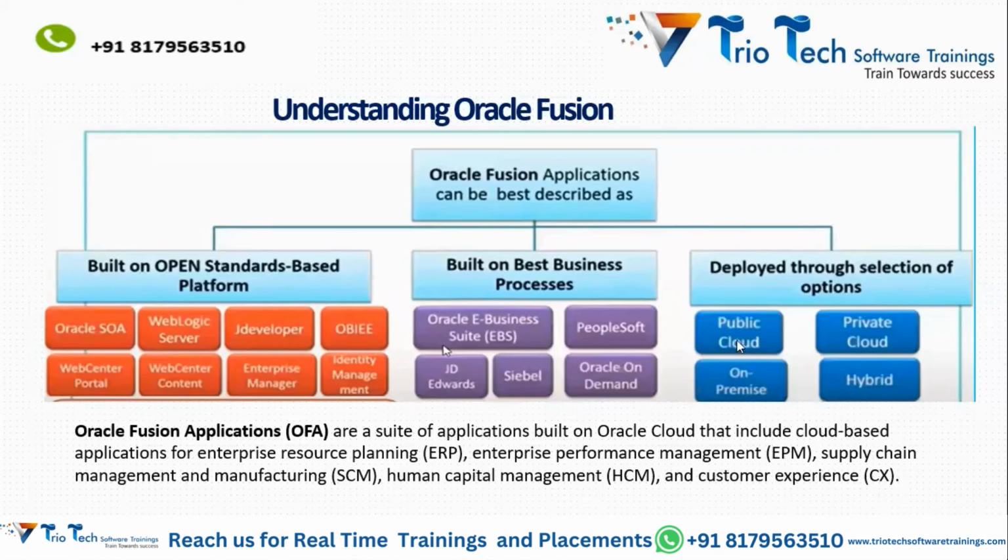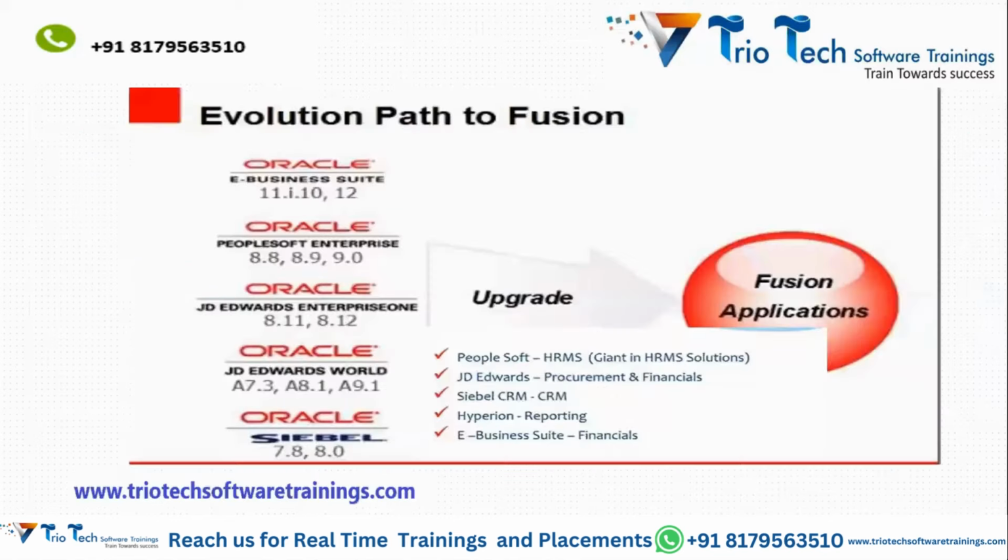So along those lines, these are mentioned here: public cloud, private cloud, on-premise, hybrid. What is public cloud, or on-premise? We will understand these in a bit more detail so that you are familiar with those aspects when it comes to any software or application. I'll cover this in the next few slides.